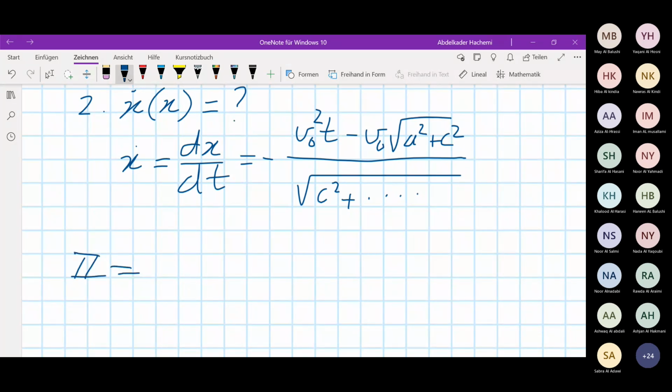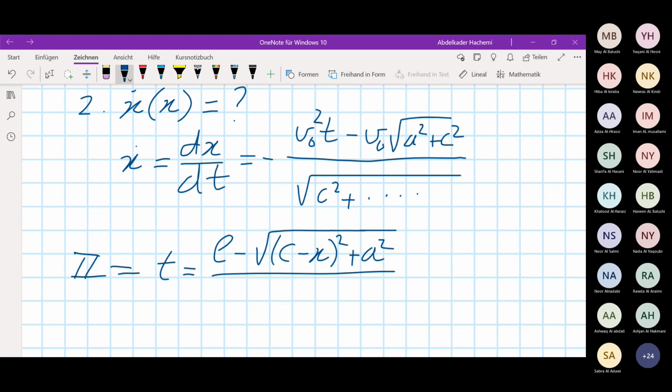we can get that t is equal to L minus the square root of (c minus x) squared plus a squared, divided by v0. This is the expression of t.